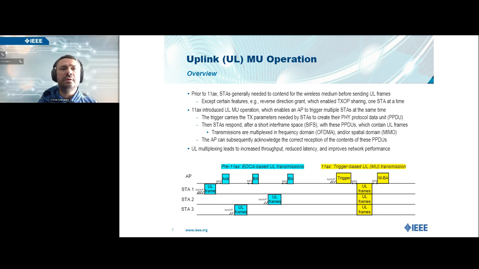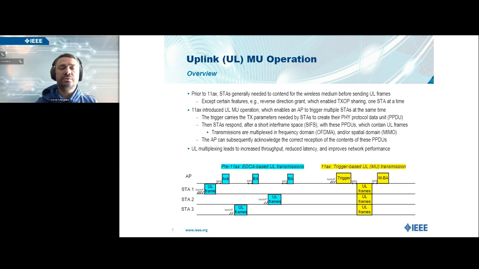Starting with uplink multi-user operation. Before 11ax, in general, stations needed to contend for the wireless medium before sending uplink frames. This was done by using EDCA, a listen-before-talk mechanism based on random back-off counters.